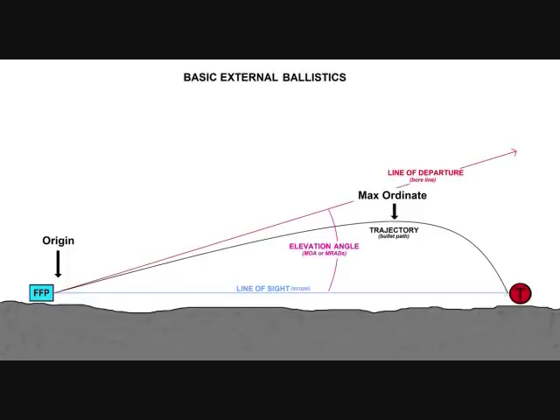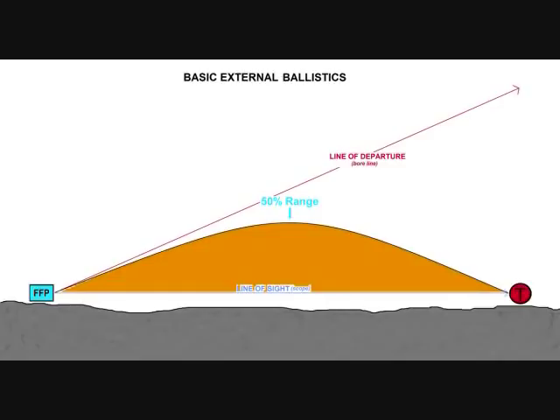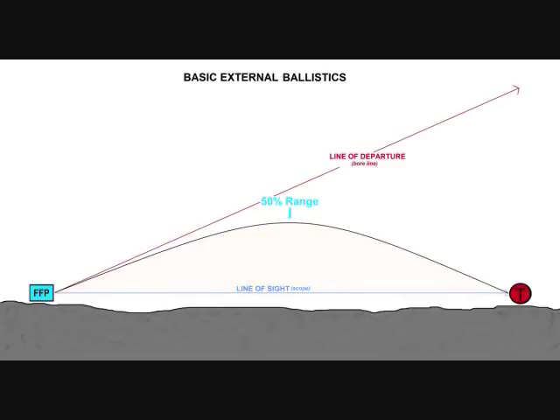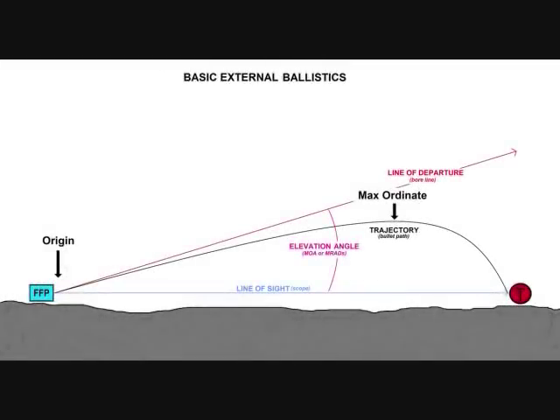And in a perfect frictionless environment, like if you're shooting on the moon, where you have no atmosphere, you're going to have a trajectory curve that's basically even, like we showed you before. But being that we do have an atmosphere, it's going to be skewed to the left. So the max ordinate's usually going to be 65 to 60% of the way to the target.